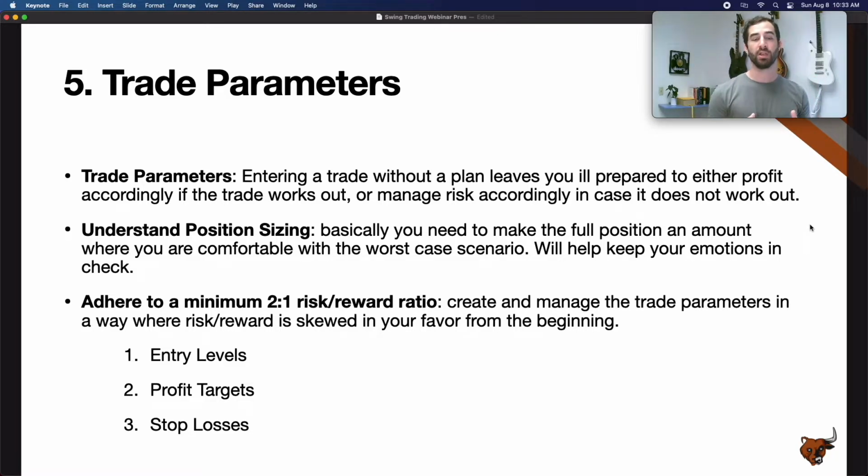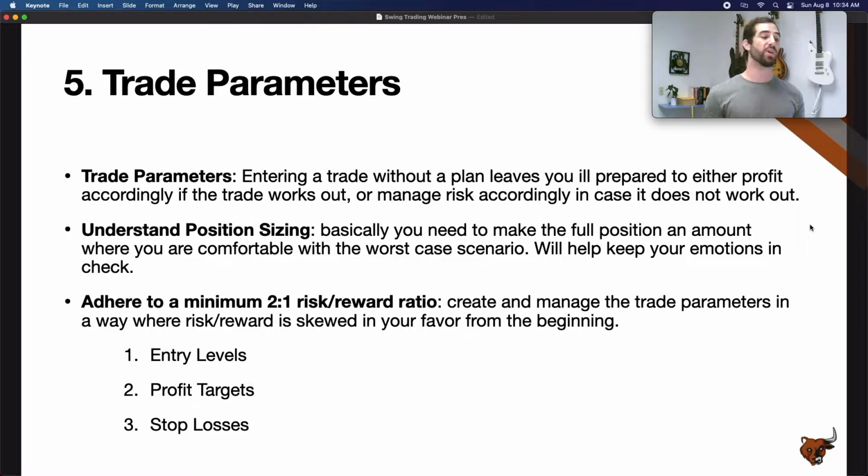If the trade does not work out and I absolutely hit my maximum stop loss on my full position, and the trade did the worst thing it could possibly have done, we want to be comfortable with that scenario. That gives us the confidence and calmness we need to stick to our strategy, be systematic, and be emotionless.